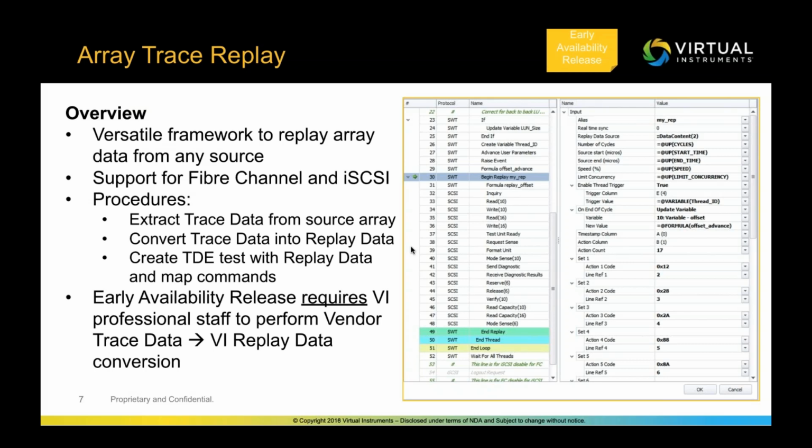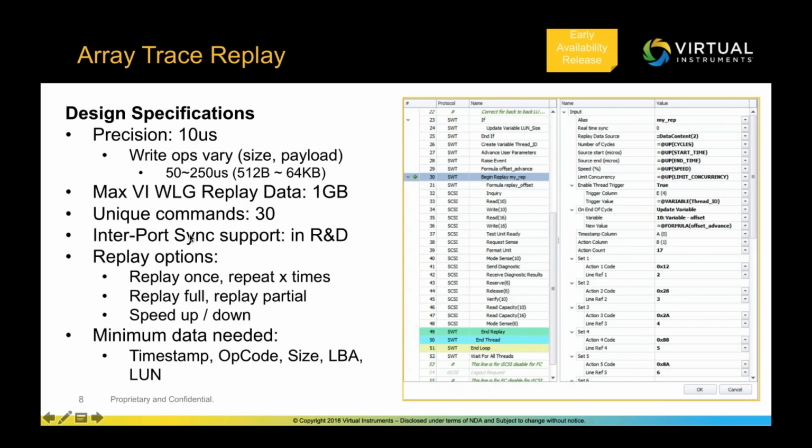But in 6.0, these are 3 distinct steps. And as mentioned, this is an early availability release, and it is in experimental mode. So it does require you to work with us, especially for step 2 and step 3. Step 1 is certainly completely on you, but step 2 and step 3, this is where we work together with you. And let's talk about some of the design specifications.